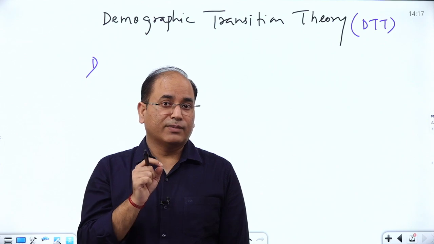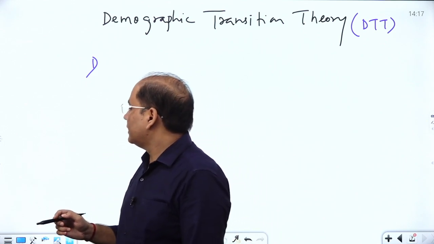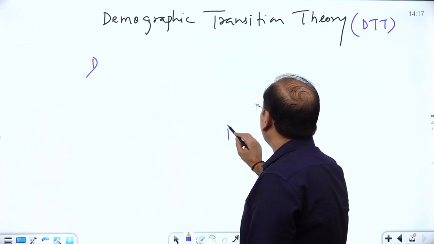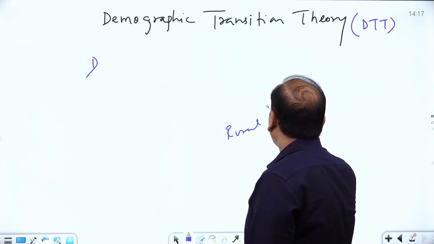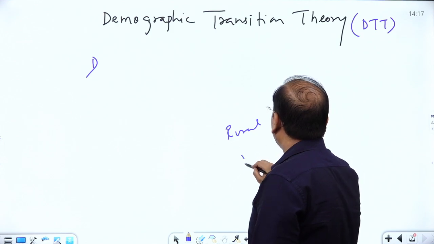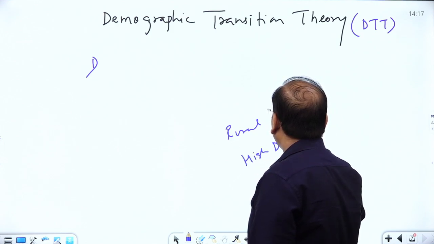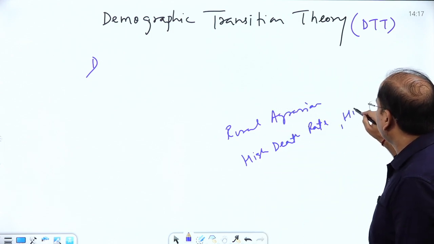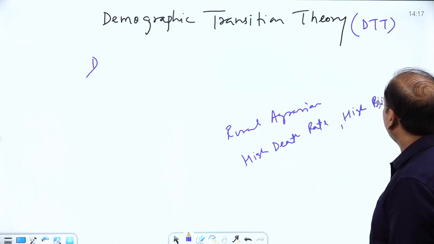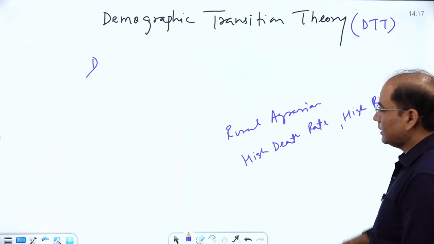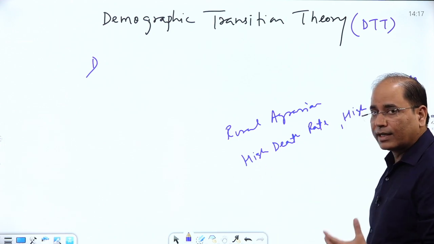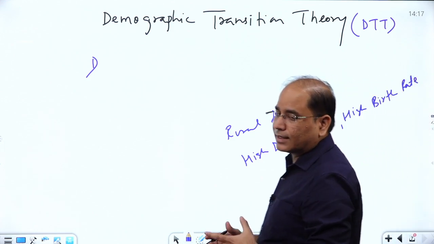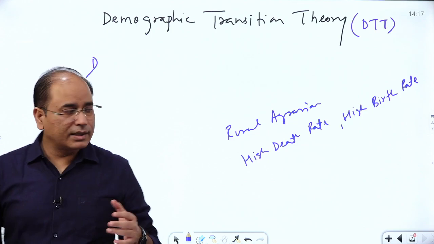So let us also understand where this theory starts. This theory is starting from a rural agrarian society having high death rate and high birth rate. Now this high death rate and high birth rate will transform.